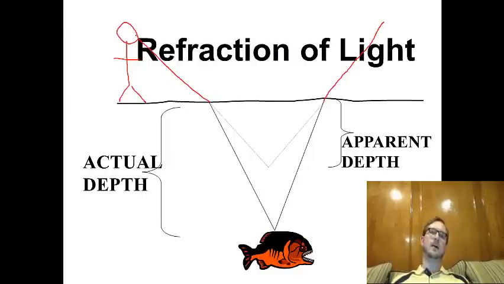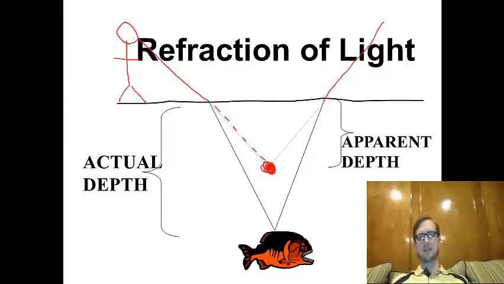Now, our eyes assume that the light has come straight back at us. So we imagine if the light came at us like this, that it came straight back out, and here's where we would see that fish.